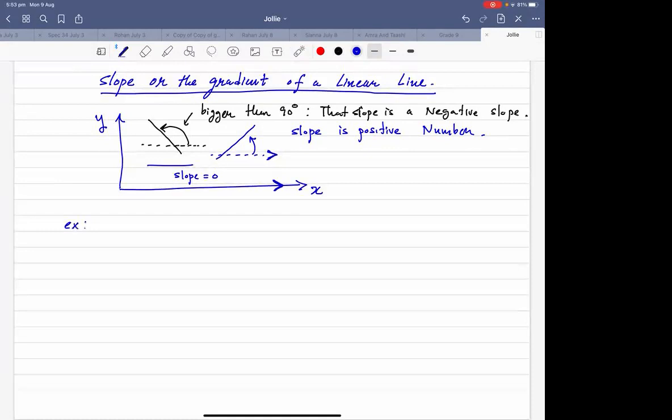Example, this one. Slope can be equal to a positive number like this, +2.